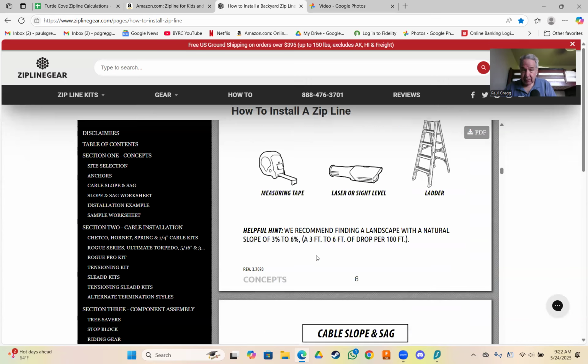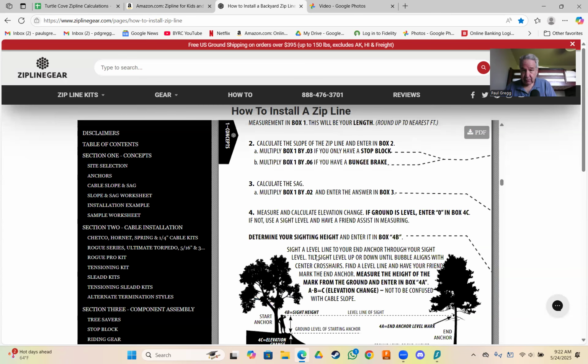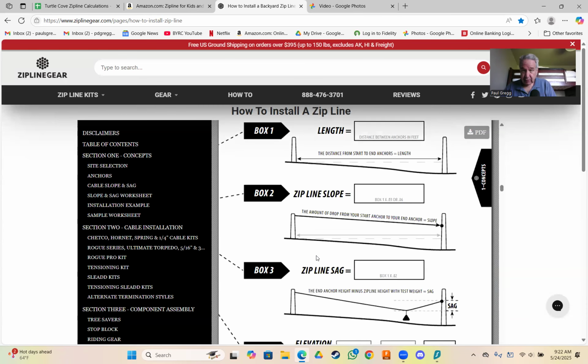You determine your length, and mine was 118 feet, so I bought a 125-foot kit. The zip line slope is how much you're going to drop from one tree to the other, and you have to account for that; my slope dropped 2 feet.